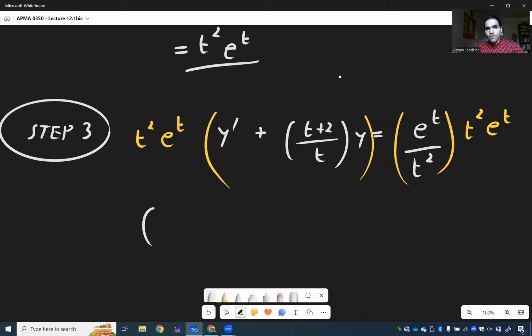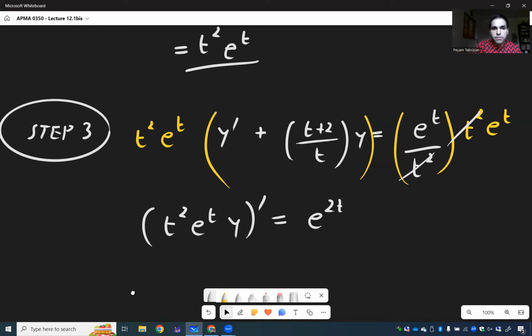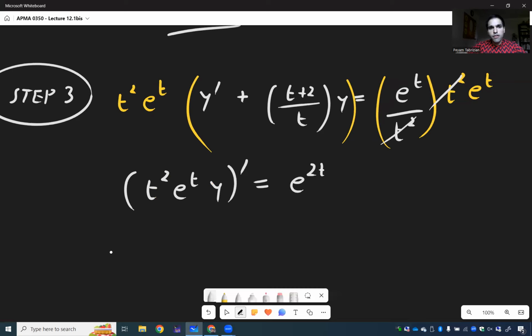By the magic of integrating factors, this becomes integrating factor times y, prime. And then notice on the right-hand side, we have a simplification. So this becomes e to the 2t. And therefore, t squared e to the t y is the integral of e to the 2t dt, which is 1/2 e to the 2t plus a constant.